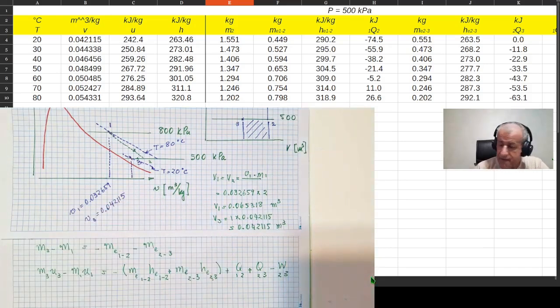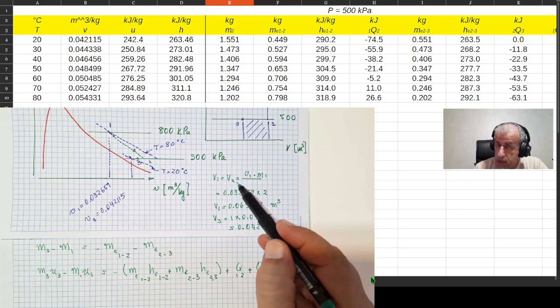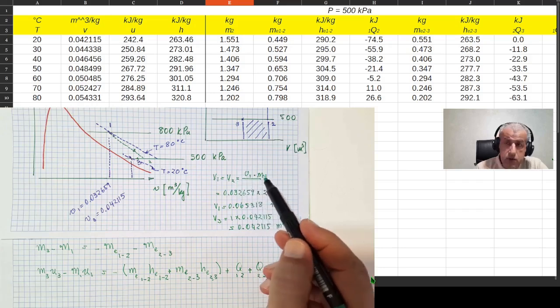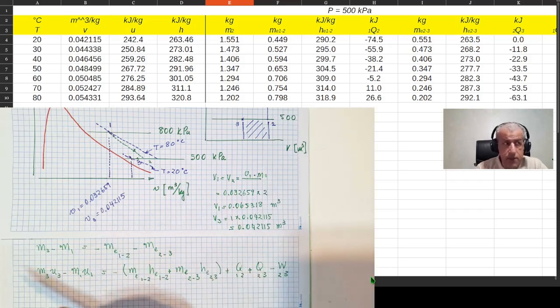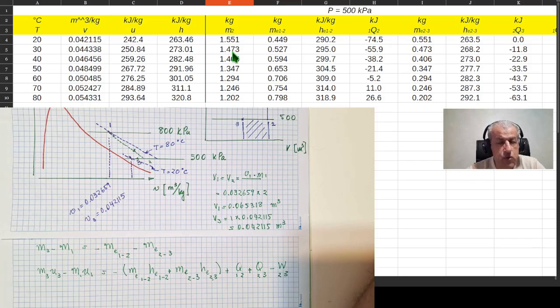So once we have V2, if we have a specific volume, we could decide how much mass there is in it. And that's exactly what we have done. If we know a specific volume at point 2, if it is assumed that 2 is at 20 degrees C or anything here, we would know the mass, m2. And therefore, if we know the mass, we know how much mass has left.